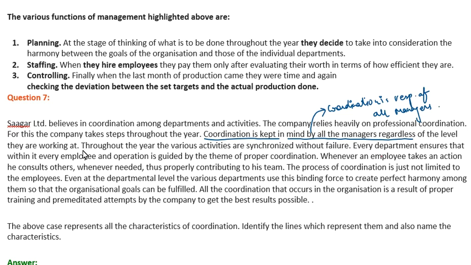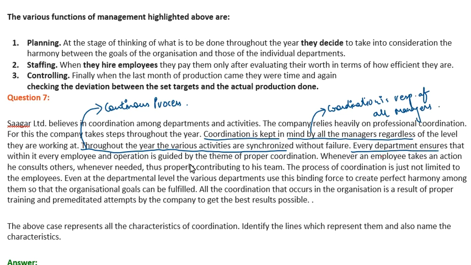Okay, next. Throughout the year, the various activities are synchronized. That means it's a continuous process.